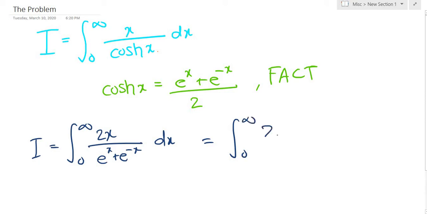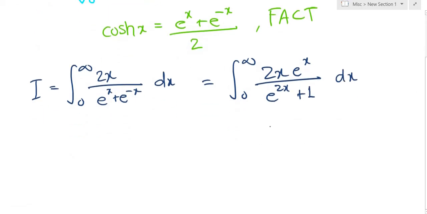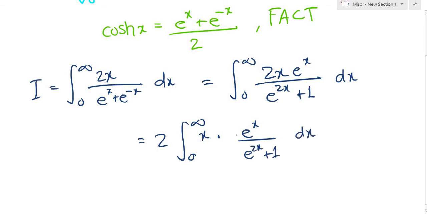So we have 2x times e raised to x all over e raised to 2x plus 1 dx. Now just look at the form of this thing. So we have 2 times the integral from 0 to infinity of x times e raised to x over e raised to 2x plus 1 dx.